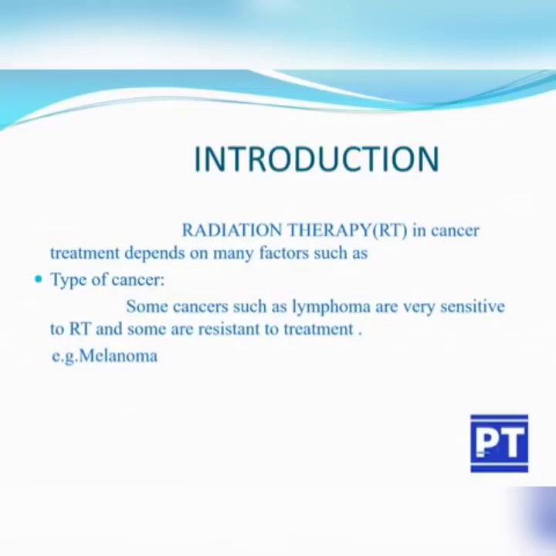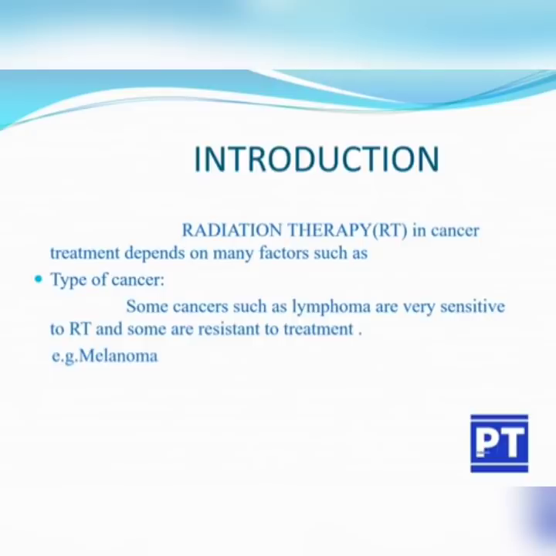So again we are moving on to the introduction. Radiation therapy, RT, in cancer treatment. From the first slide, you understood that we are giving radiation as a treatment, and from this sentence itself you understood to whom we are giving it. We give this radiation for treatment purposes to cancer patients, and it depends upon many factors, such as the type of cancer.